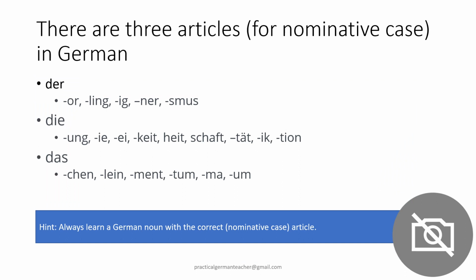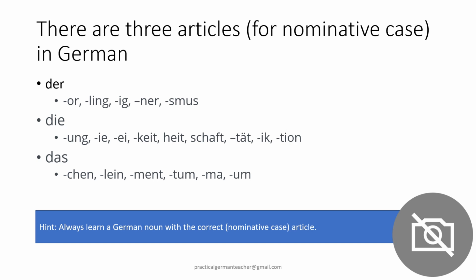Now, when you are learning a new language, one important exercise that you must do is learning nouns in the new language. You do the same when you are learning German. But when you are learning nouns in German, please understand, you must learn the nouns with the correct nominative articles. In German language, there are three articles, namely der, die, das.